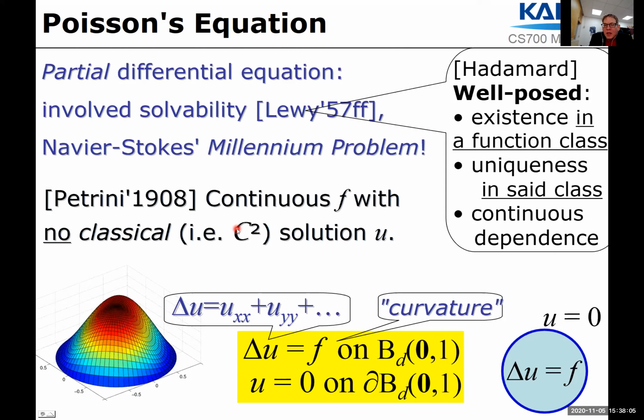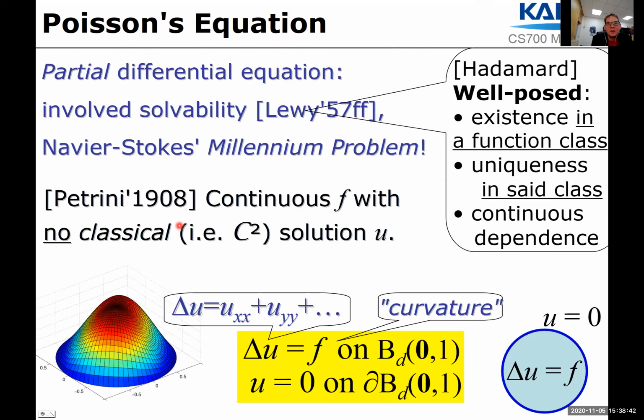As I said, this is something one might naturally expect or impose for a solution, because the second derivative should be equal to the continuous right-hand side. That would be the requirement for an ordinary differential equation, right? That the solution be as often continuously differentiable as the right-hand side is. But here, this is not the right notion.